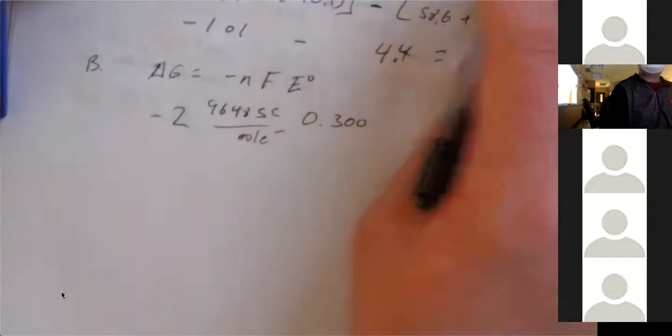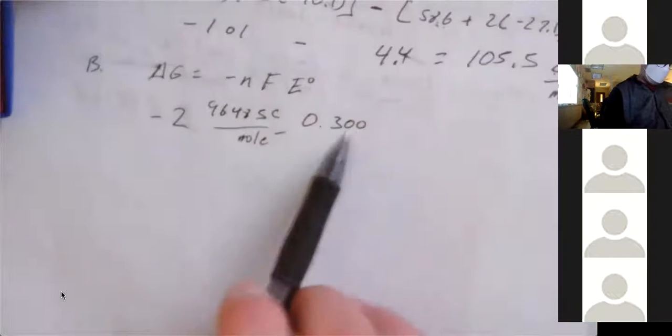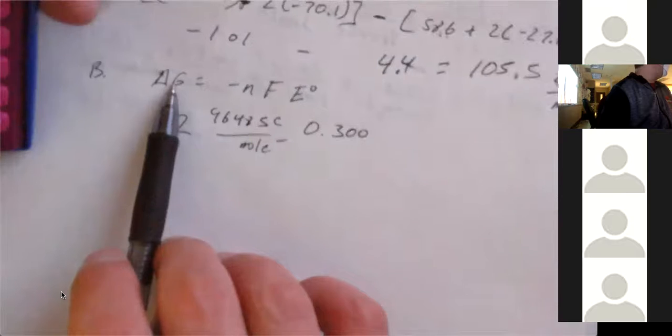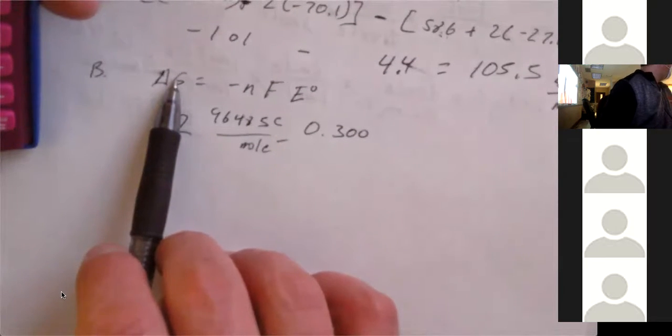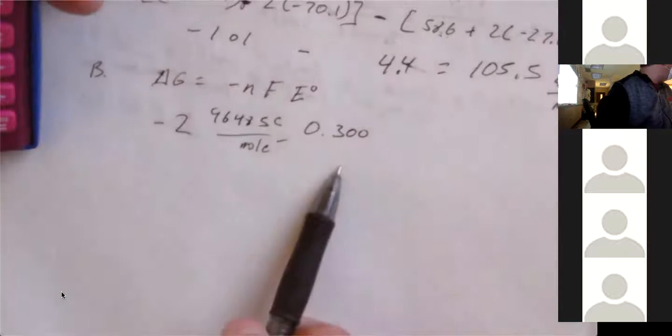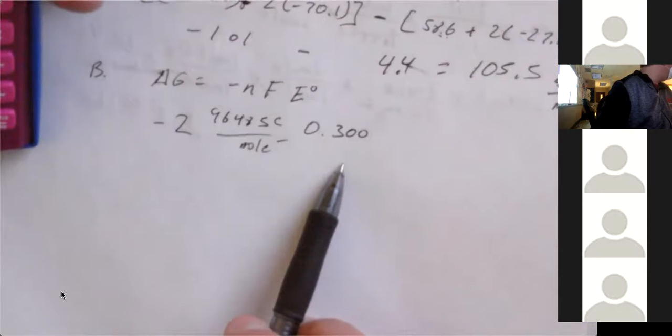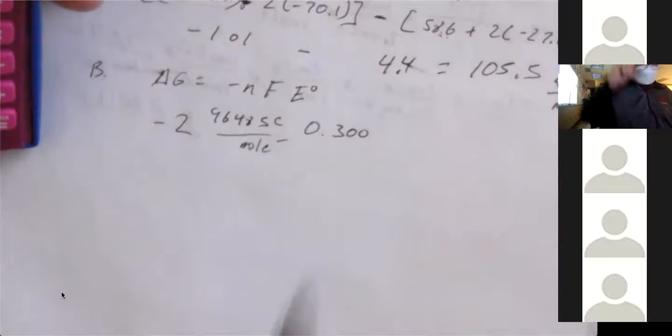The voltage is actually positive. So we know that this delta G should be what? Delta G says it's spontaneous if delta G is negative. And we know that we have positive voltage here. So that means that delta G should be negative because this is a spontaneous reaction.